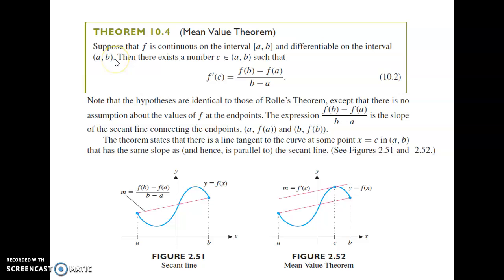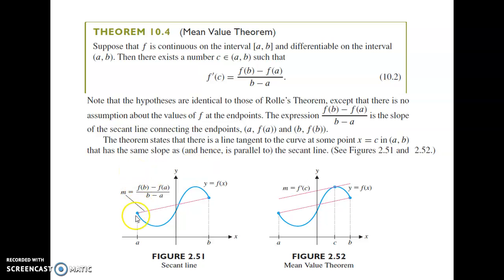So the left hand side of Rolle's theorem and the left hand side of the mean value theorem are the same. On the right side, in Rolle's theorem, it is 0. In the mean value theorem, it is f of b minus f of a divided by b minus a. So this expression is actually the slope of the secant line connecting these 2 points.